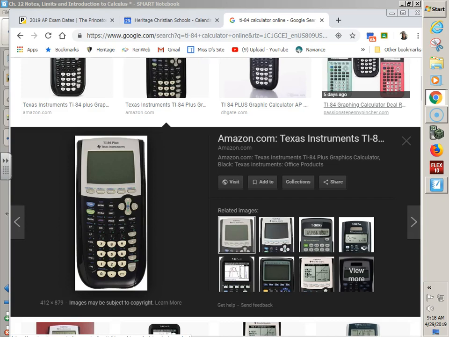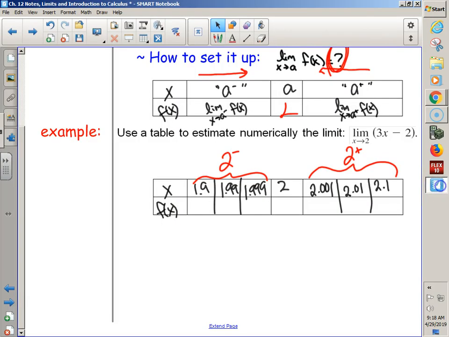But if you go second window, go down to independent and go ask instead, then your graphing calculator might have some things from earlier in the year because we reviewed this earlier. If you have numbers in there, can you just hit delete, delete, delete, delete, delete, and then put in 1.9, put in 1.99, put in 1.999, put in 2.1, put in 2.01, put in 2.001.